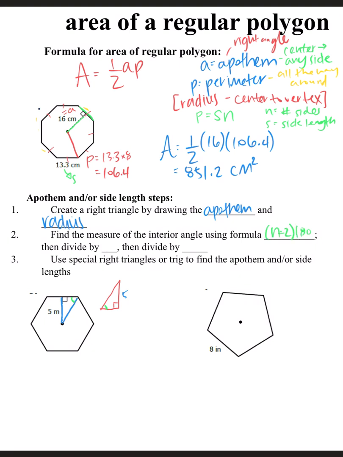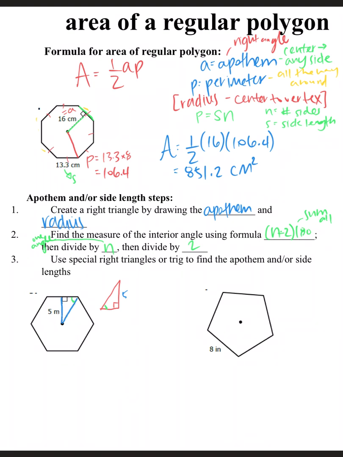Remember, that gives us the sum of all the angles. Then we divide that by the number of sides, and that gives us one angle, if you remember from our polygon unit. Then we're going to divide that by 2. Why are we dividing that by 2? This will give us the total sum of all of the angles.